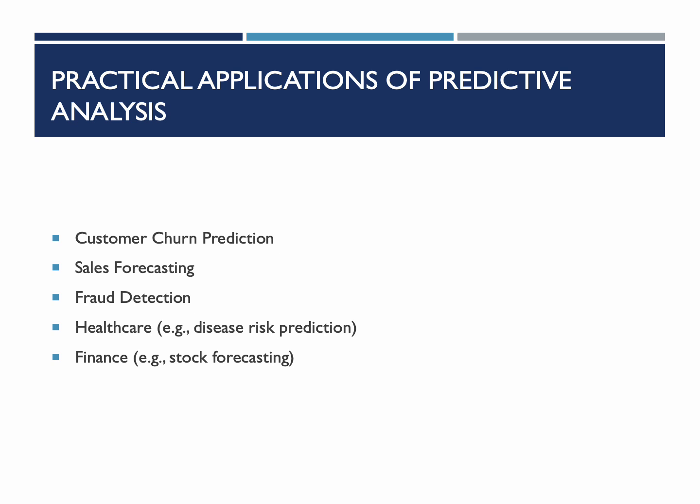Healthcare. Healthcare is another domain where predictive analytics is having a profound impact. Predictive models can be used to assess the risk of diseases by analyzing patient data, lifestyle factors, and medical history.